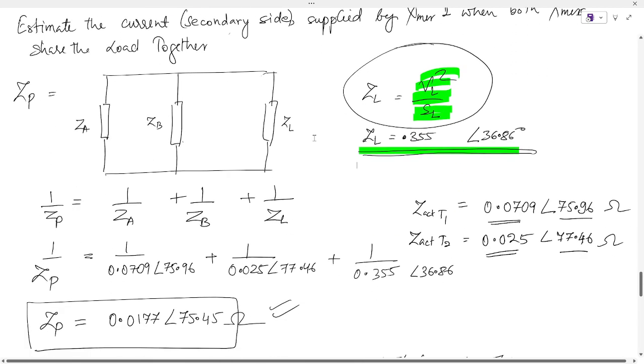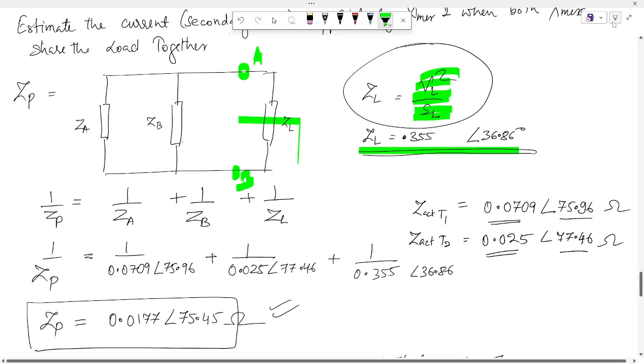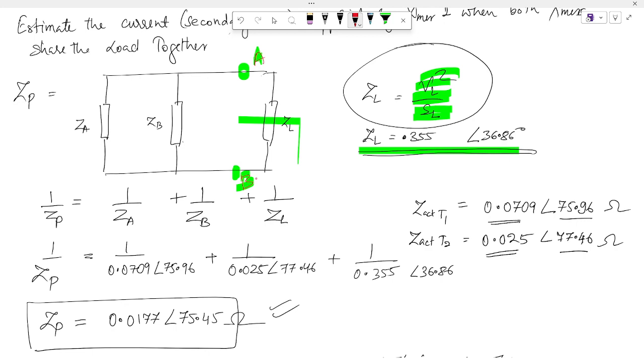Now find the net impedance across the load terminals, this is A and this is B. Looking into terminals A and B, let me call the net impedance ZP, so 1 by Zp equals 1 by Za plus 1 by Zb plus 1 by Zl.